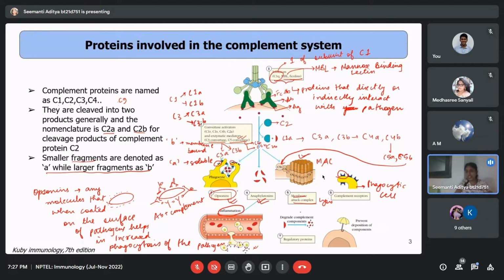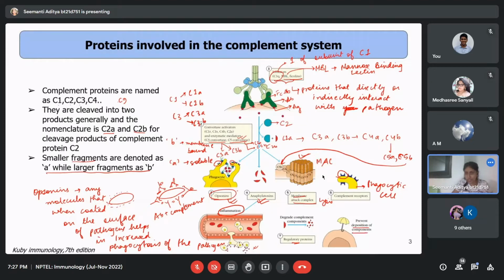To degrade it, the complement system has some regulatory proteins that can bind to these complement proteins and result in the inhibition of formation of the MAC complex and deposition of these components.